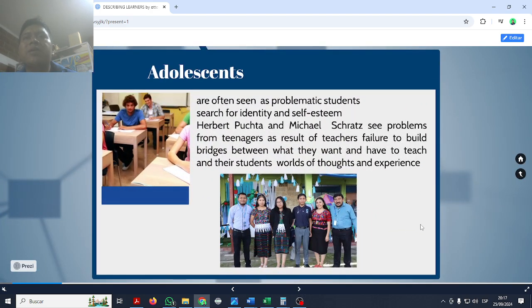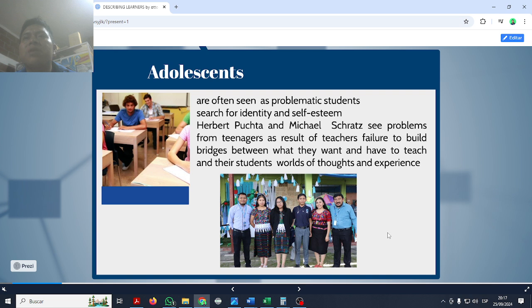Adolescent students are often seen as problematic students, and research identifies identity and self-esteem as issues. Some teachers say adolescent students are problematic, but in some cases it's not so.